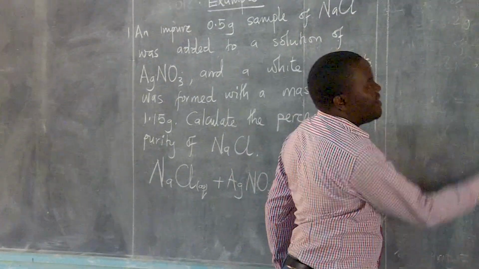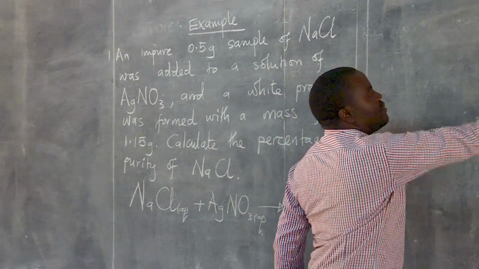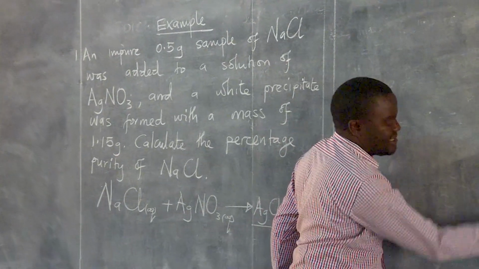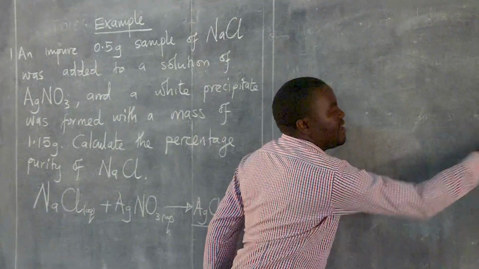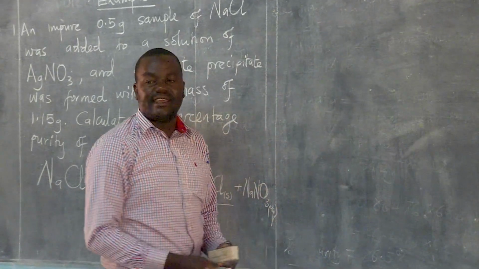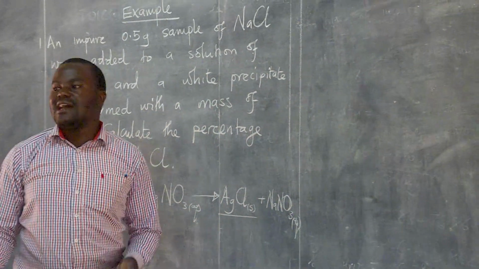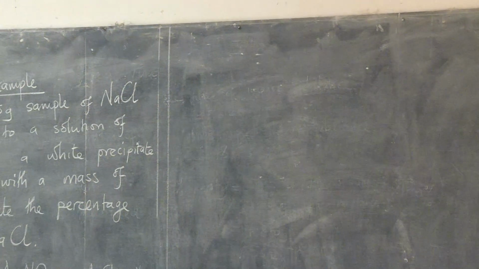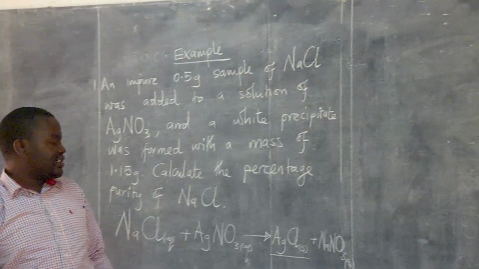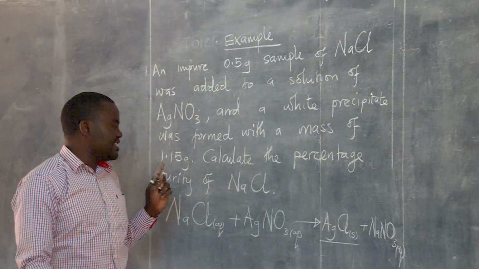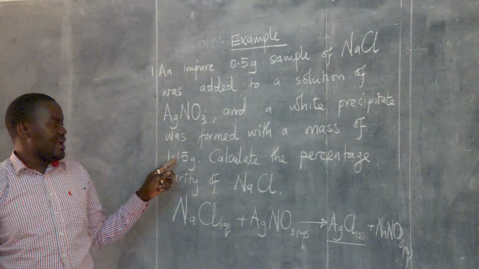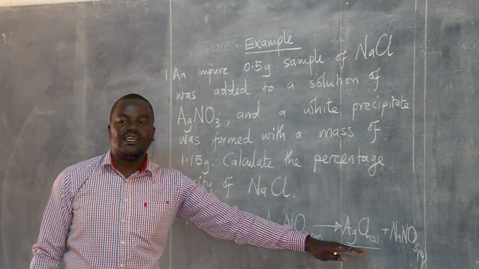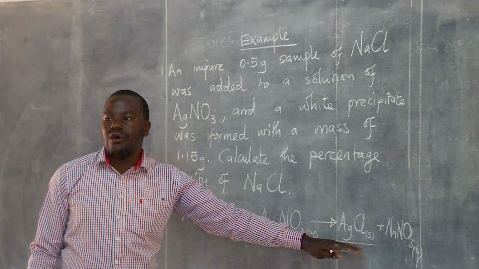The first thing we do when we start working out, if we are given mass, volume, or concentration, is convert it into number of moles. So we want to convert this mass, the 1.15 grams, for the precipitate, silver chloride, into number of moles.